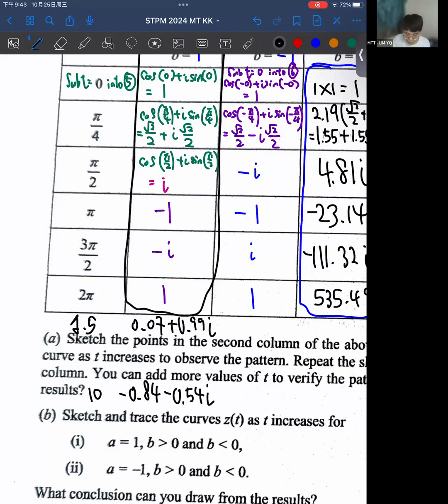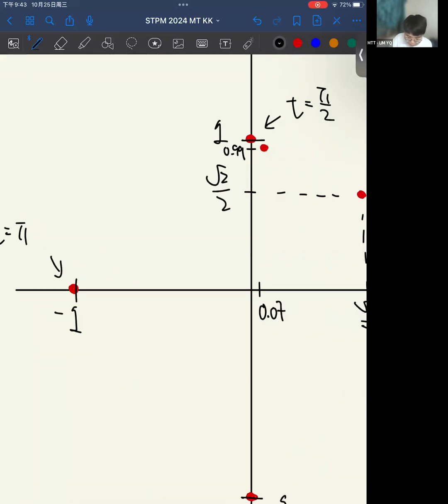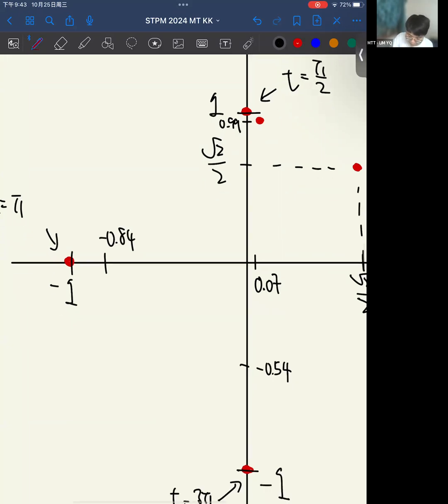When you plot this into the Argand diagram, negative 0.84, negative 0.54, it is about here, right? Like this.